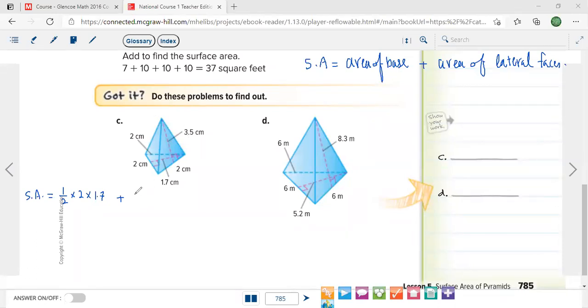So not 4 like the previous time. This time we are going to write 3 multiplied by one face shaped like a triangle as well. So it will be half multiplied by the base of the triangle, which is 2 as well, multiplied by the height of the lateral face, which is 3.5.